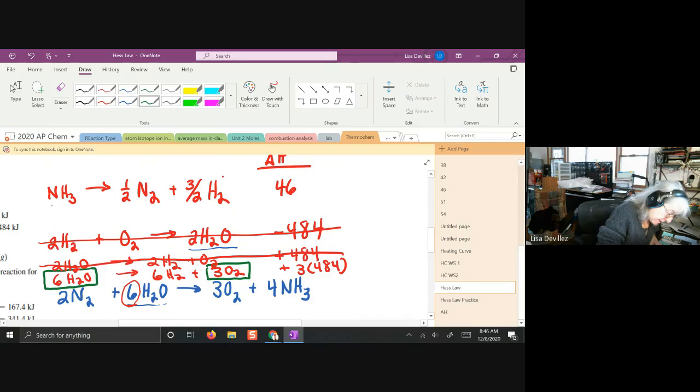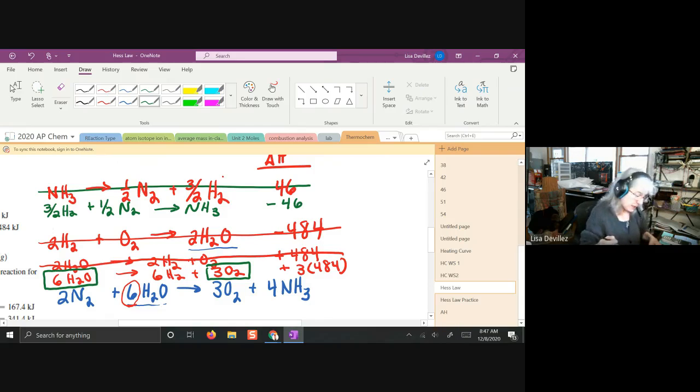So I get 3 halves H2, oh, nope, wait a minute, let's try that again. 3 halves H2 plus 1 half N2 yields NH3 in reverse, so that's going to change the sign. So that's going to make that a minus 46.